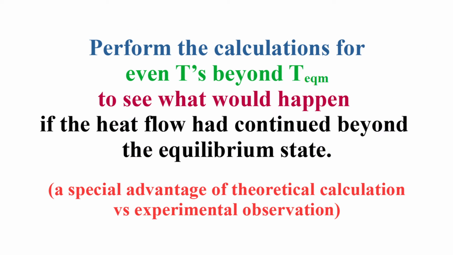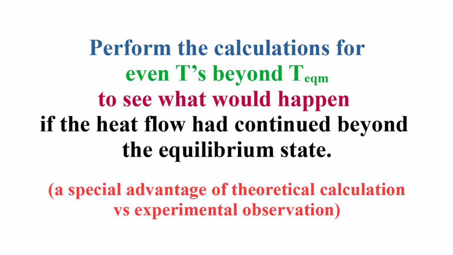However, just to see theoretically what would happen to the entropy change if the heat flow had continued beyond the equilibrium state, we will consider many more stages of 1.000 joule heat transfer, each by aluminum to water.